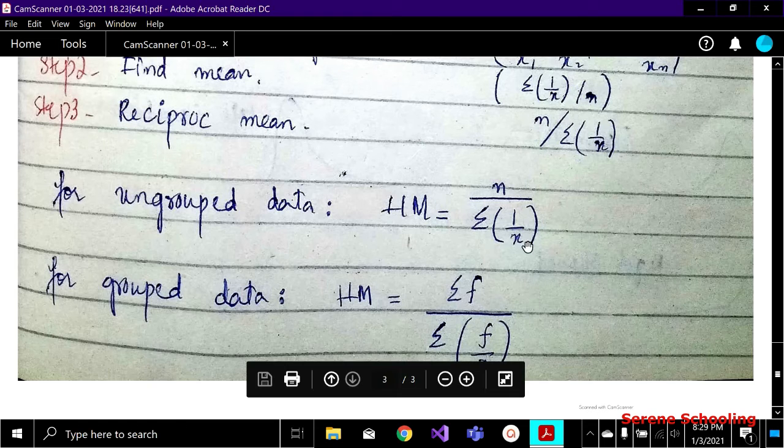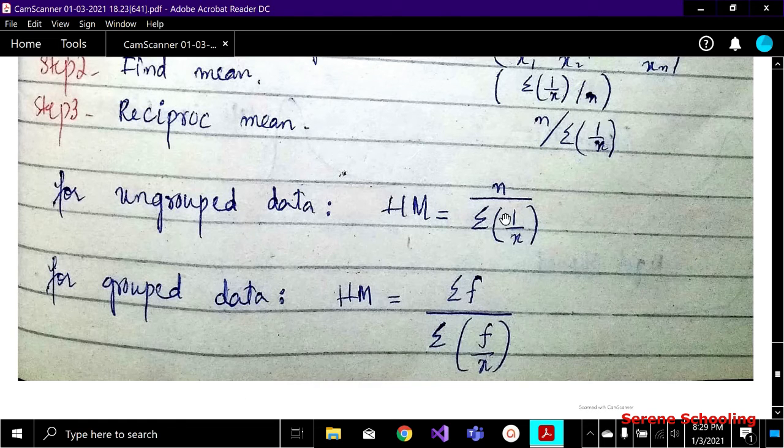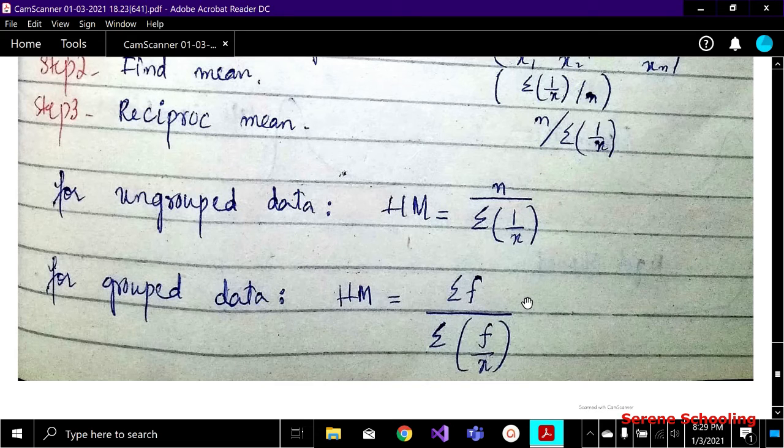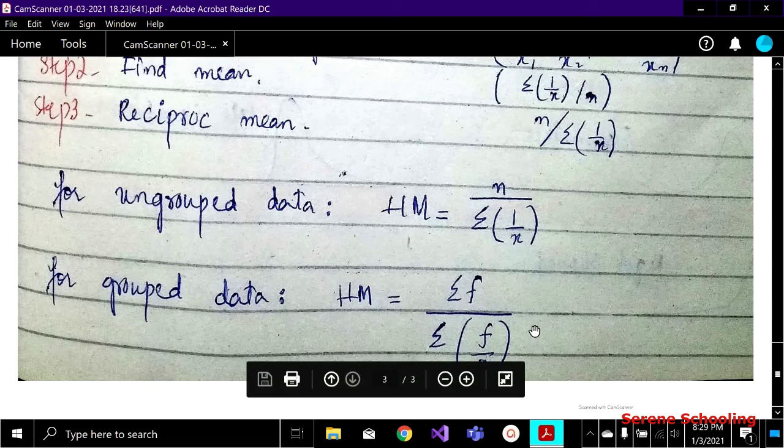Because we have to multiply with f first, you can read it as f into 1 by x, or as f by x. Simply multiply the frequency with the reciprocal data values, and then take the sum of all those values, so sigma f by x.